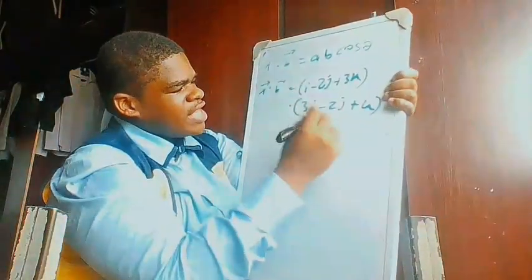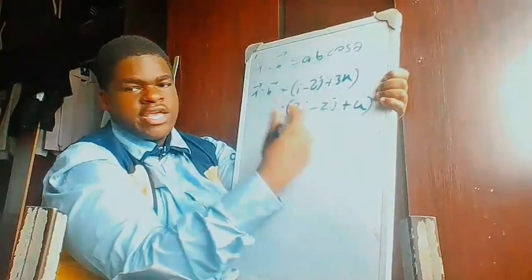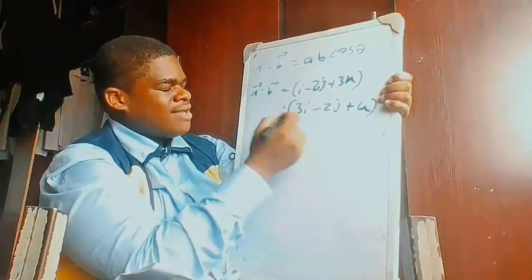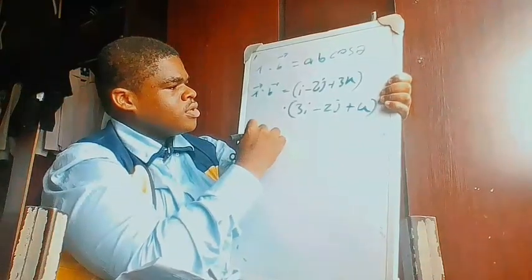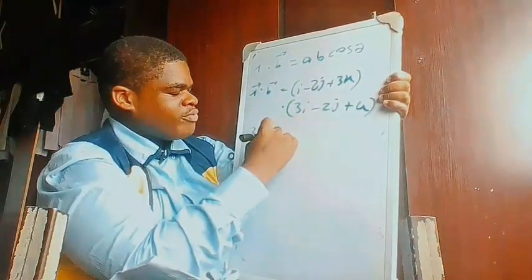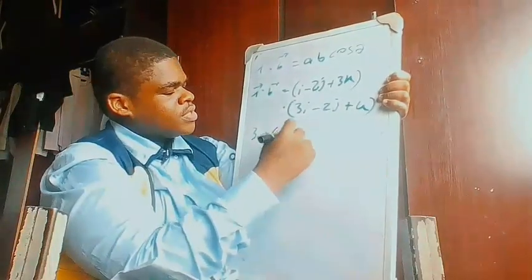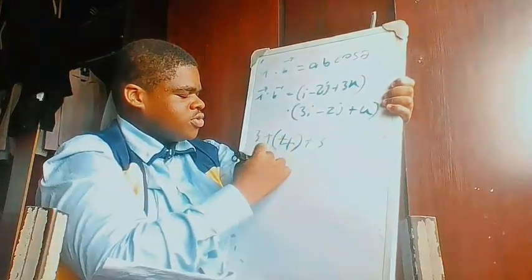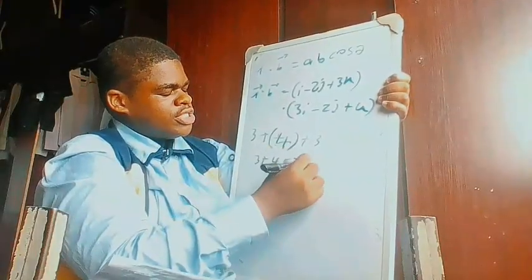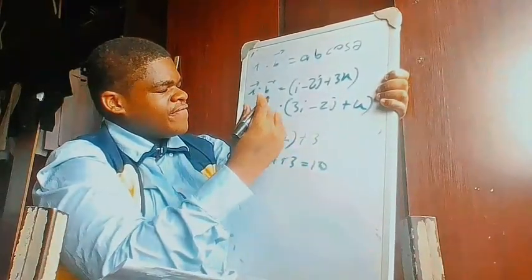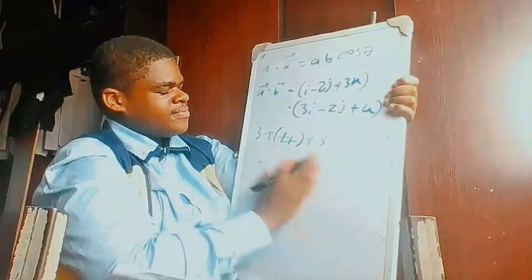For dot product, we multiply the i's, multiply the j's, multiply the k's, and sum them together. The coefficients of i here are 1 times 3, so you have 3, plus the coefficients of j here are minus 2 and minus 2, so you have plus 4. The coefficients of k here are 3 and 1, so you have plus 3. So this is equal to 3 plus 4 plus 3, which is equal to 10. So the dot product of vector A and vector B is 10.